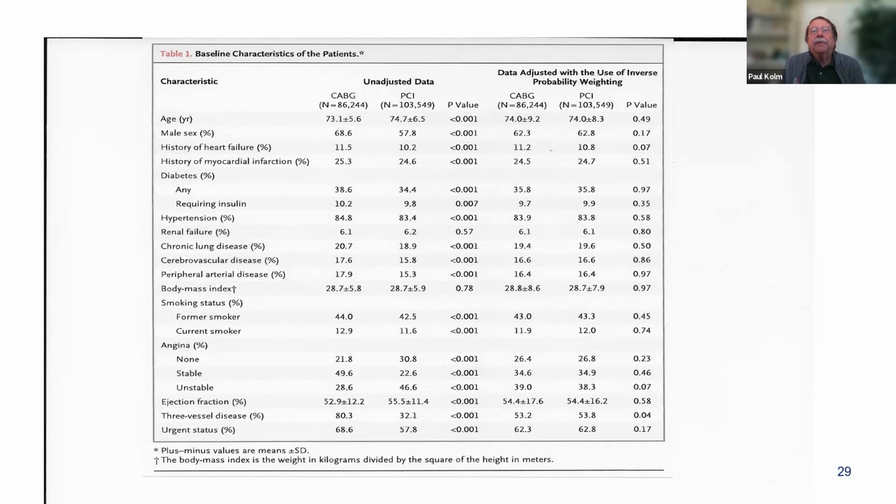In other words, what we've created here is a pseudo-randomized study where the intervention groups are more or less equally distributed with respect to potential confounding variables.